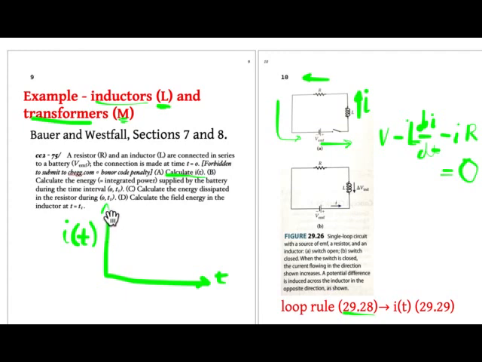At time 0, when the circuit is first closed, there'll be some value of current.